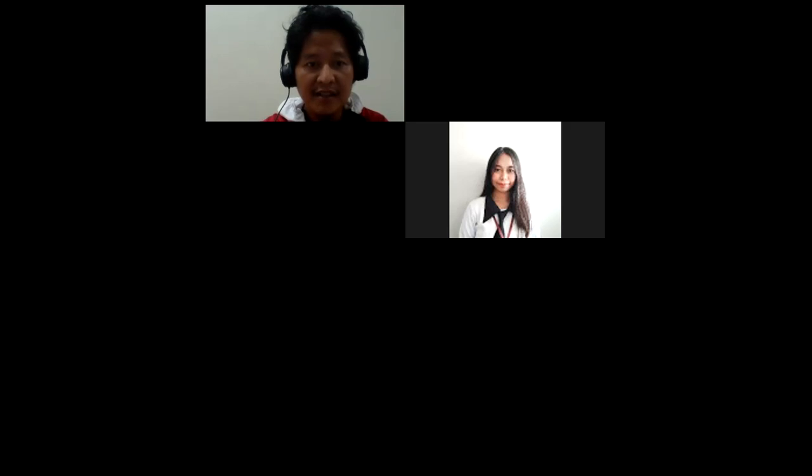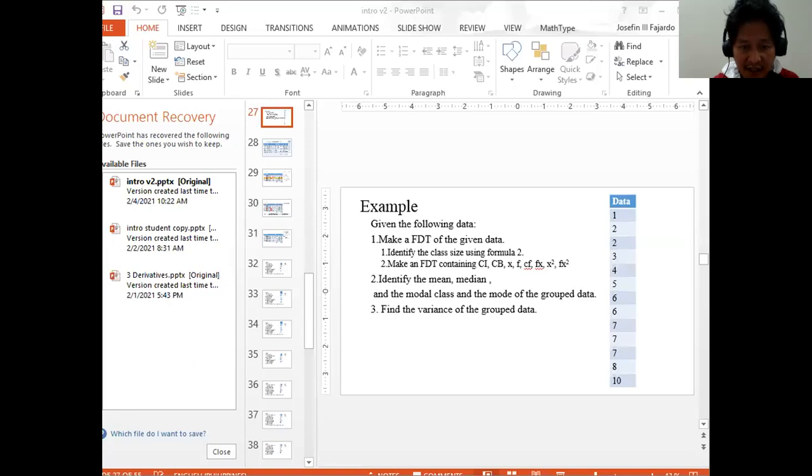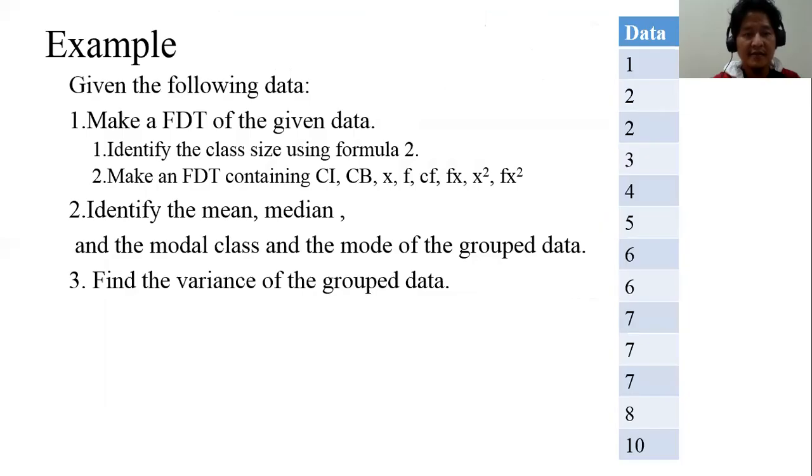Okay, balikan natin yung example natin last time. Gamitin natin siya so that we can just use the values that we had and use these values para yun ang gamitin natin to compute for the skewness. Okay, ito yung example natin last time.